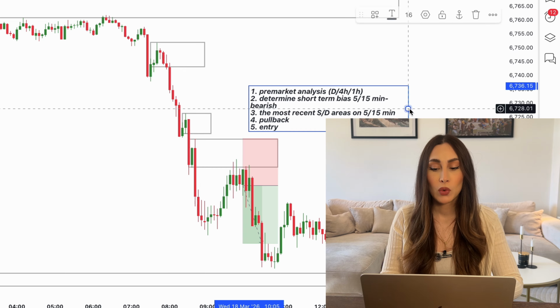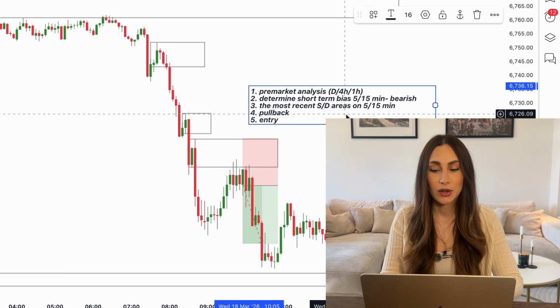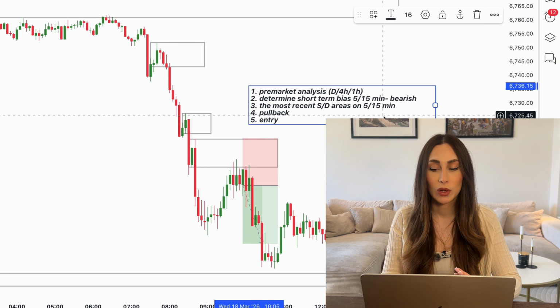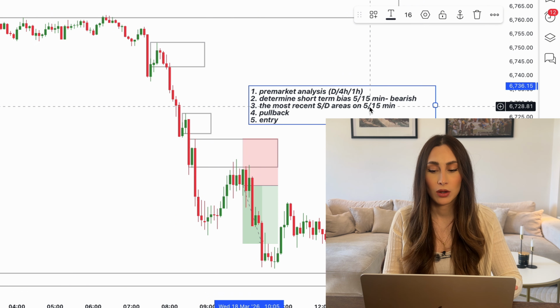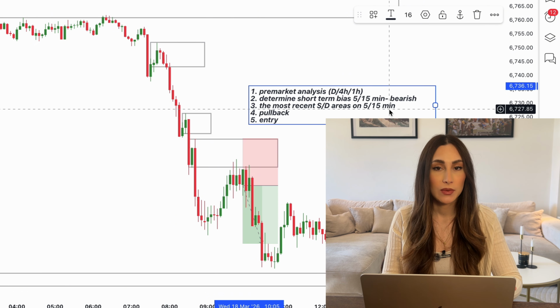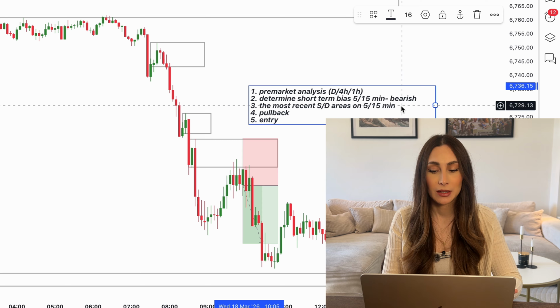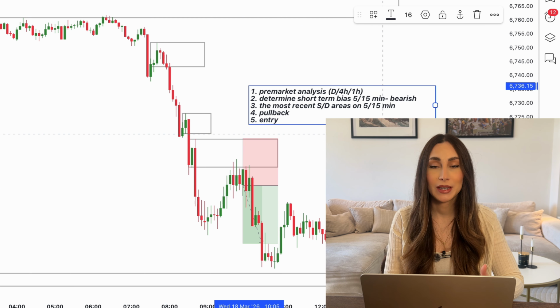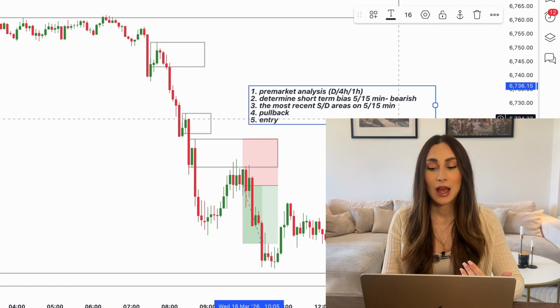You look for the most recent supply and demand areas on the time frame you will take entry on. So for me, that's always 5-minute and 15-minute. This is the time frame I marked out my supply and demand areas. An A plus setup for me is when I have a 5-minute and 15-minute supply or demand area at the same level.